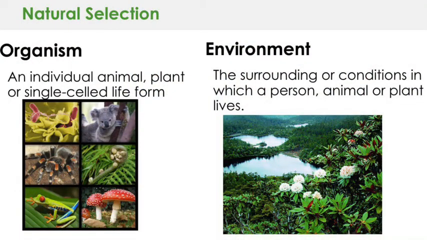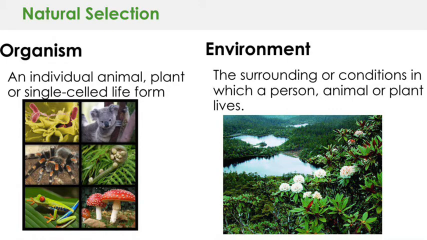When we're looking at natural selection, there's two things that we need to consider. The first thing that we need to look at is the organism that we're focusing on. We just looked at a bearded dragon, and we also looked at the leopard gecko. Those are our organisms. It's the individual animal, plant, or it could even be a single-celled life form that you're studying during that time.